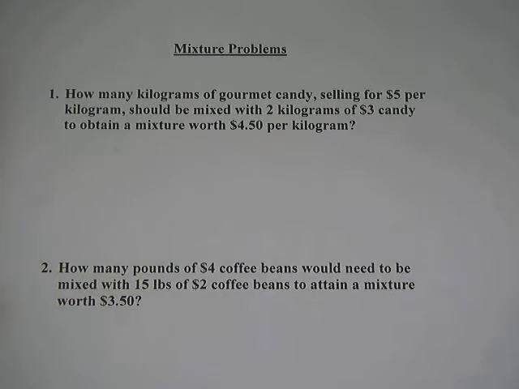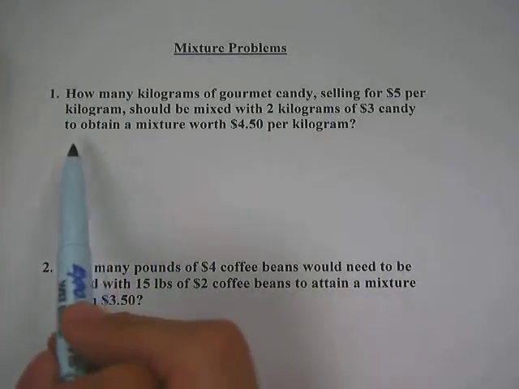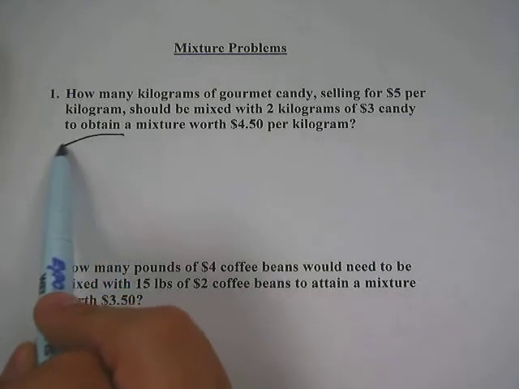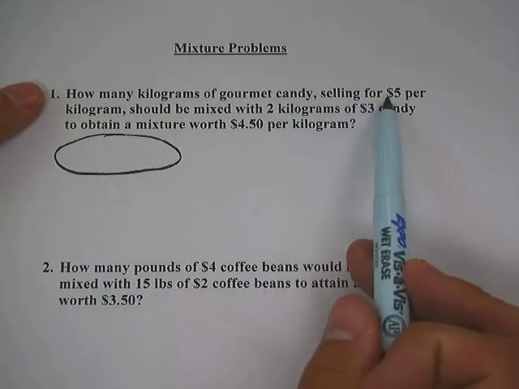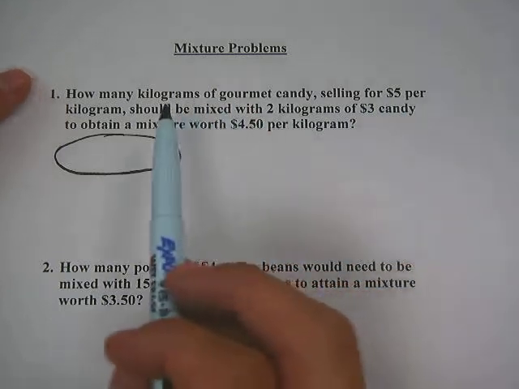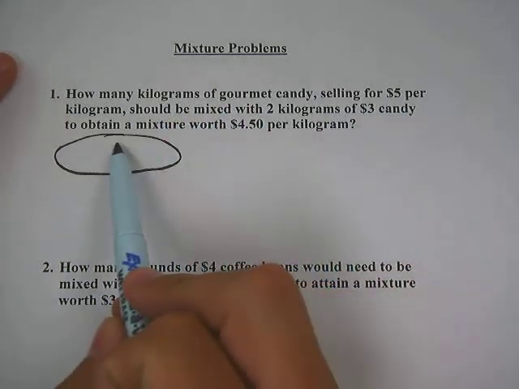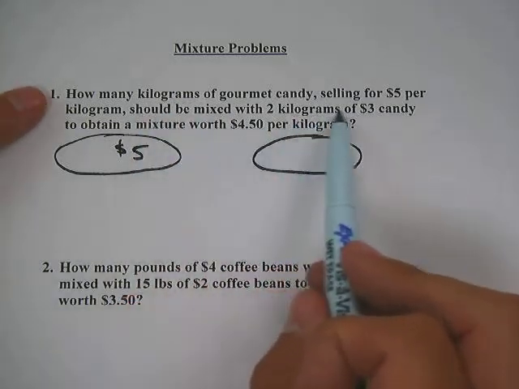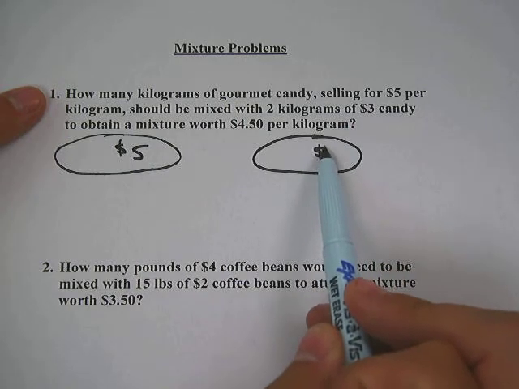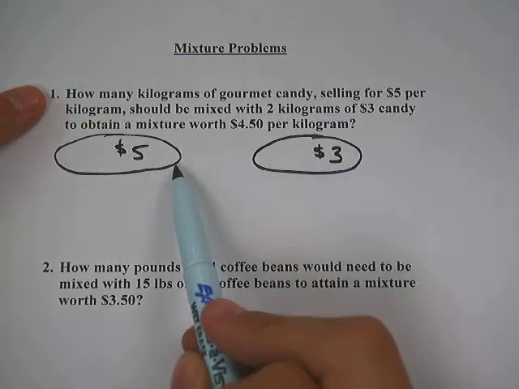And so what we're doing is this. You can imagine we're taking a bag of candy over here, and in that bag of candy it's $5 per kilogram. Then over here we've got another bag of candy, which is our $3 candy.